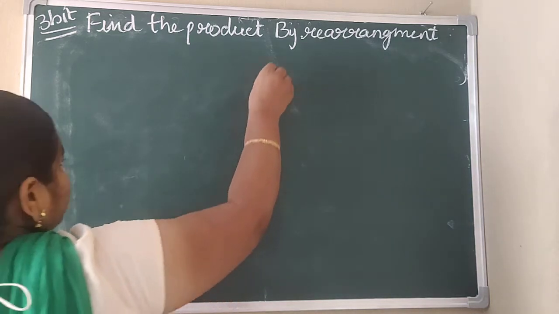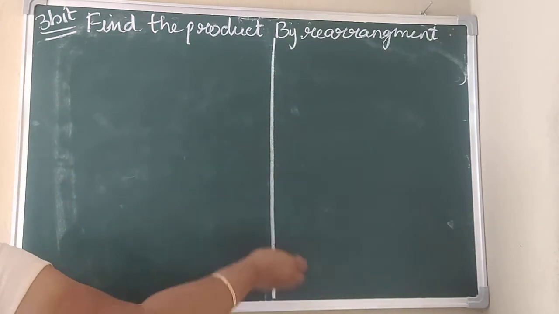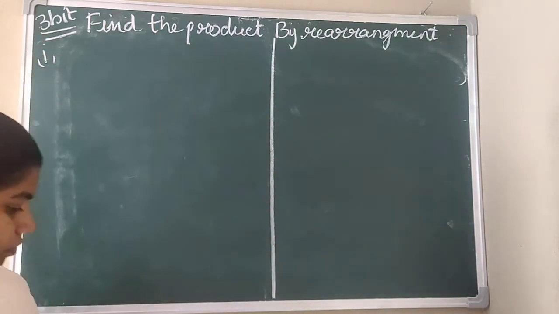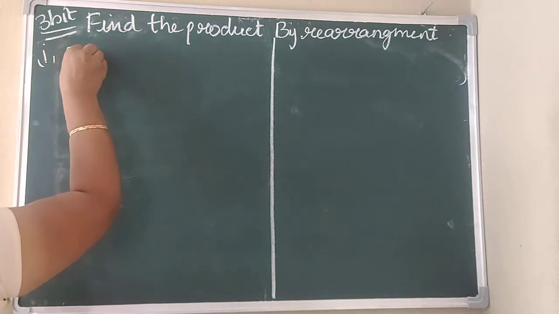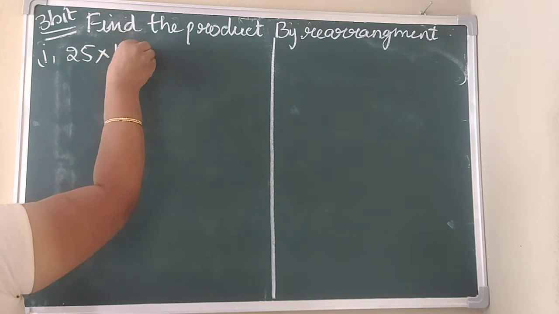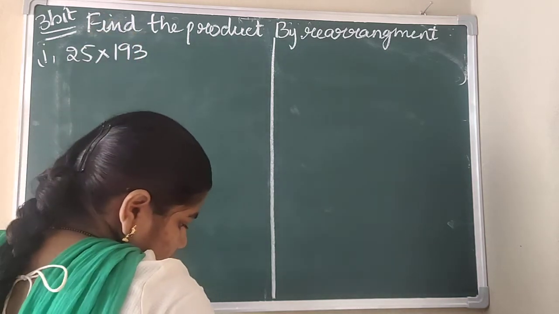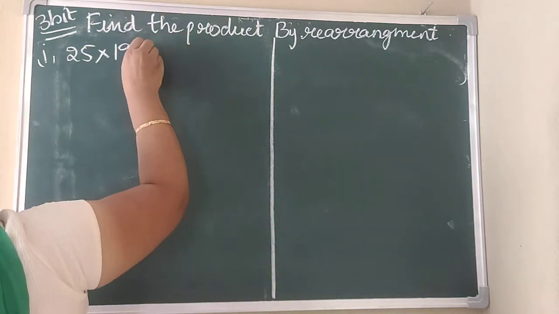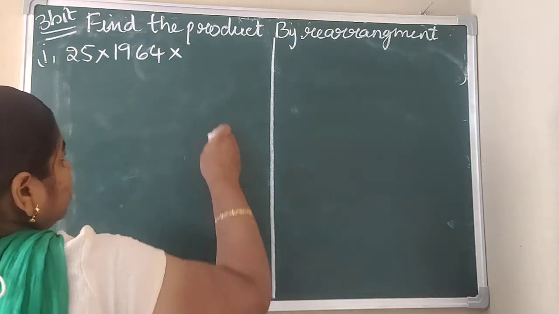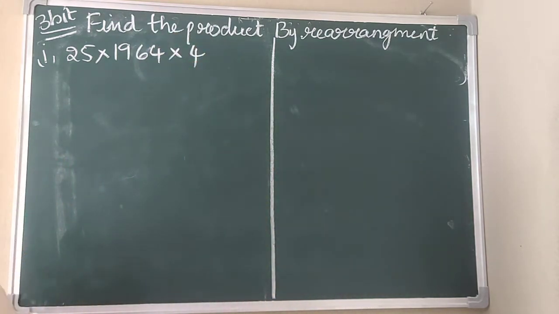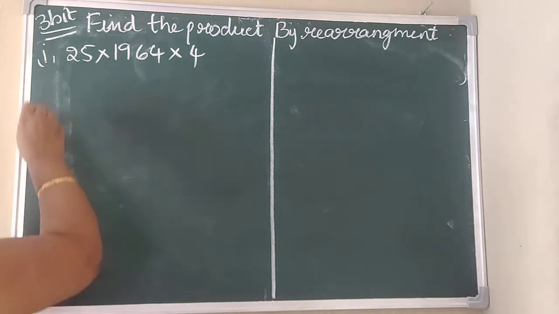In that, the first one is 25 into 1964 into 4. This one we have to rearrange.